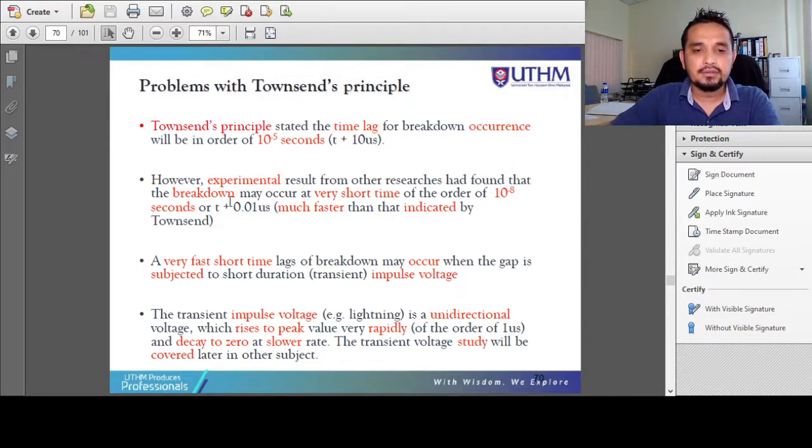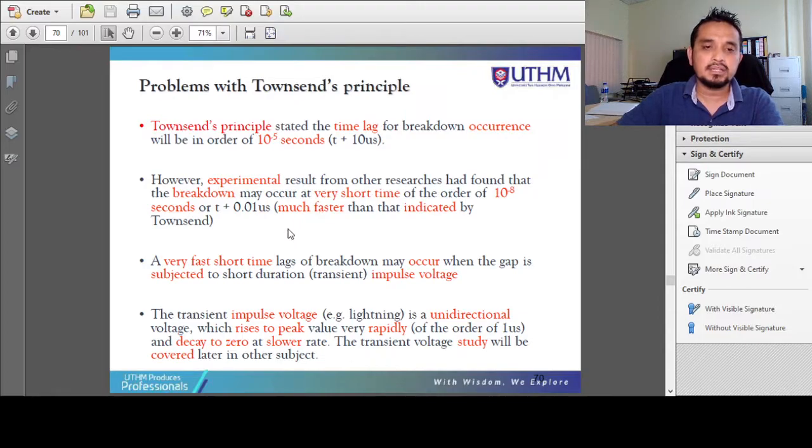However, experiments from other researchers found that the breakdown occurred in a much shorter time, in the order of 10 to the minus 8. It means instead of microseconds, other experimental work suggests it is nanoseconds.